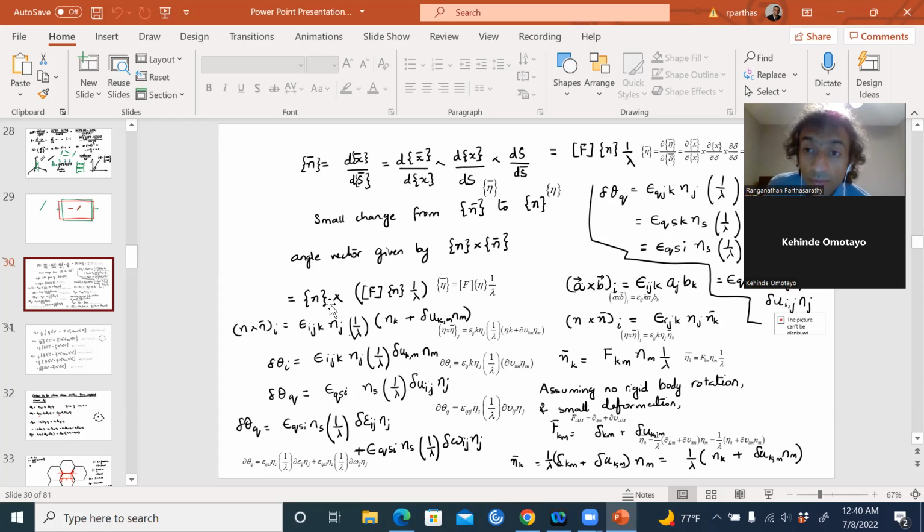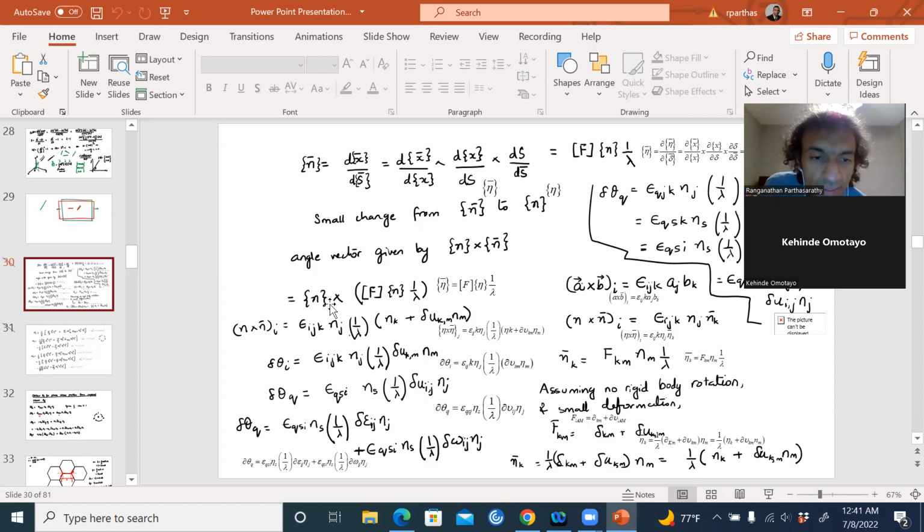Is like cross product with itself. This is 0. Okay. This one is our answer. This is epsilon ijk, epsilon kn nm and 1 over lambda plus epsilon jk nj omega kn nm 1 over lambda.